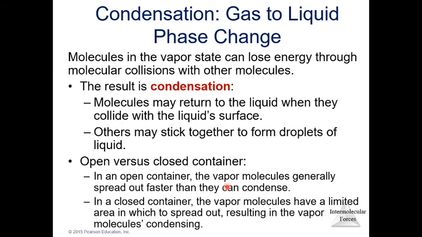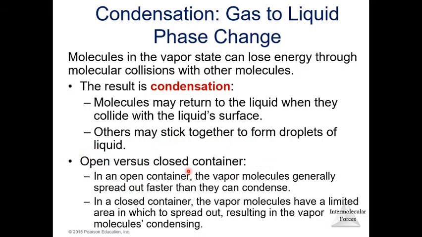All right, if we want to go the other direction, if molecules leave the gas phase and enter the liquid phase, this is called condensation. And this can happen in two ways. A molecule can return to the liquid surface, or a few gas molecules can stick together and form a droplet. Also, what impacts vaporization and condensation is if you have an open container or a closed container.